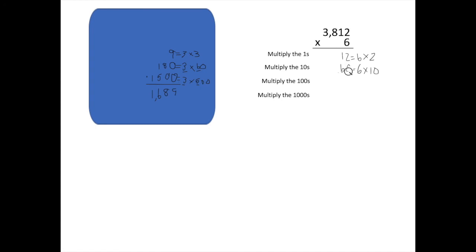Now as we're going through this, if you're noticing that you did not write down the correct thing on your board, pause this video, erase what you have, and write the correct thing so that you know what your mistake was to fix it. Next, we're going to multiply the hundreds. So again, 6 times, now it's not going to be 8. What are we multiplying? It's the value of the digit.